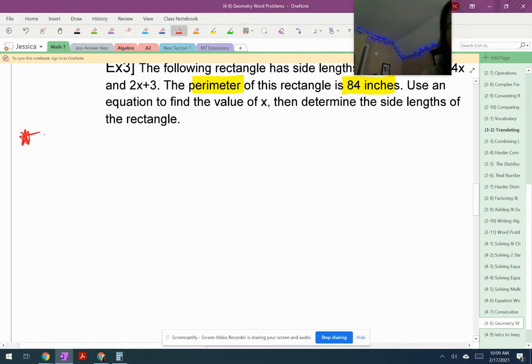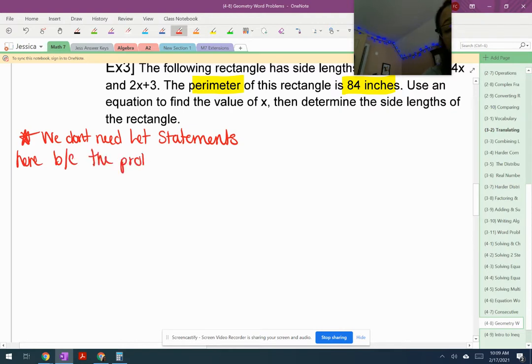So we don't need let statements here because the problem gives us the variable.